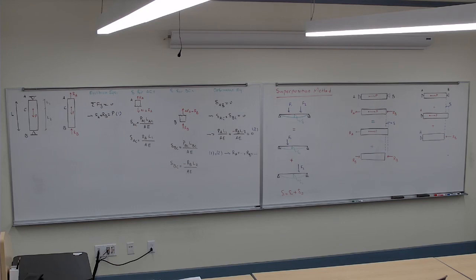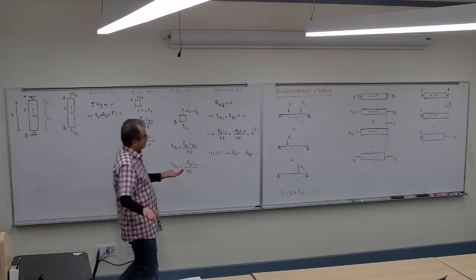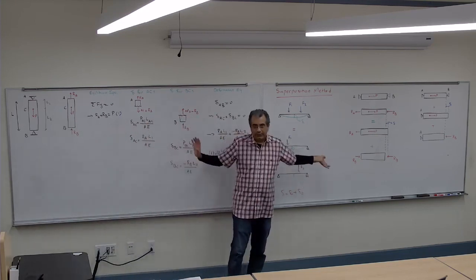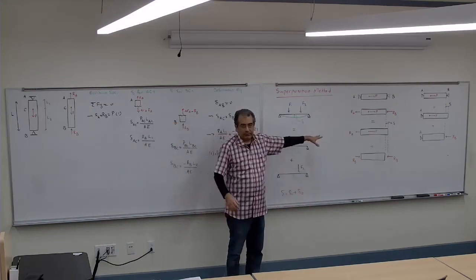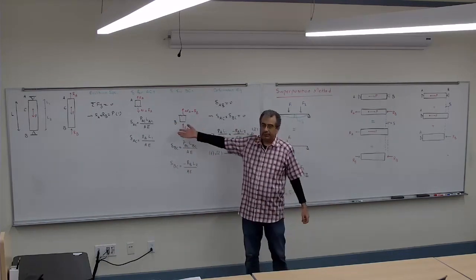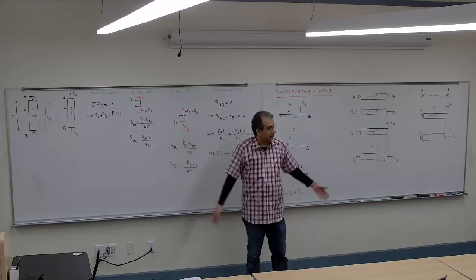So let's look at the example, see how we can solve this method. Again, I said we can use either of these methods to solve the problem. You can either use it like this or you can use it like this. Some of the problems would be easier to solve this way, some of them would be easier this way.